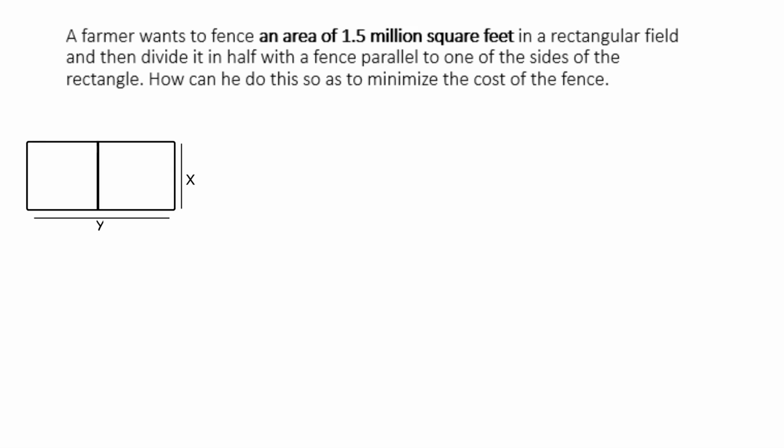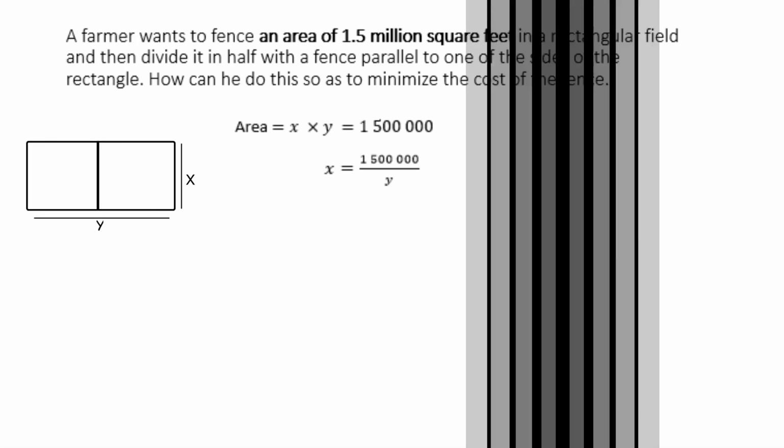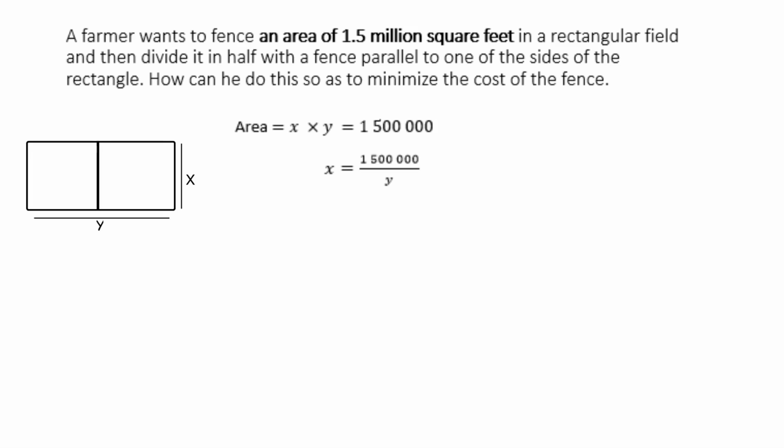To answer this question, the first formula that we will use is the formula of area, which is x times y equals 1,500,000. Then x equals 1,500,000 over y. Then we continue to the second step, which is the second formula, perimeter.